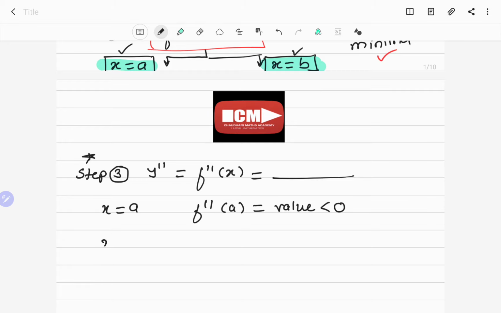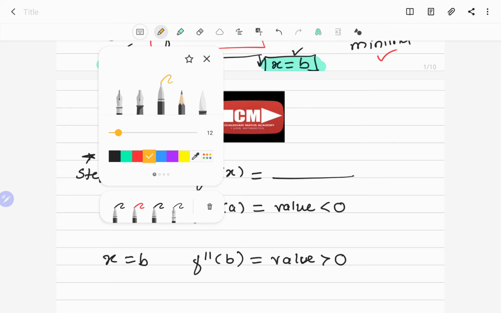For the second case, x equal to b, if you substitute that in the double derivative, you will get a certain value, and I'm assuming that it's greater than 0.